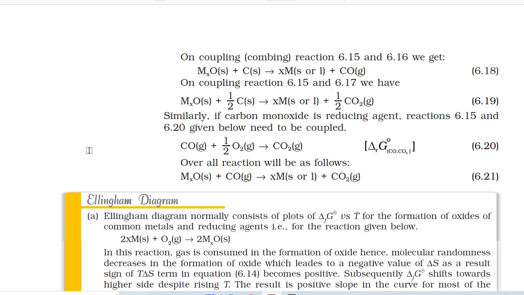On coupling reactions 6.15 and 6.17, we have MxO (solid) + 1/2 C (solid) gives xM (solid or liquid) + 1/2 CO2 (gas). Similarly, if carbon monoxide is the reducing agent, reactions 6.15 and 6.20 given below need to be coupled. Carbon monoxide (gas) + 1/2 O2 (gas) gives carbon dioxide (gas).